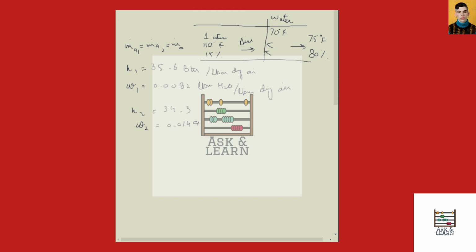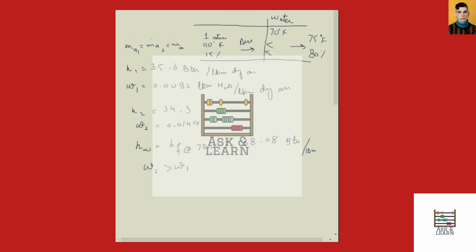Also, as we know, enthalpy of water is equal to hf, enthalpy of fluid at 70 degree Fahrenheit, which would be 38.08 Btu per pound mass. The amount of moisture in the air increases due to humidification, so omega 2 is greater than omega 1.